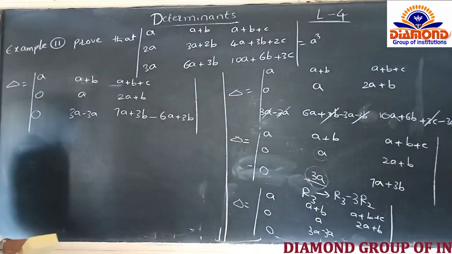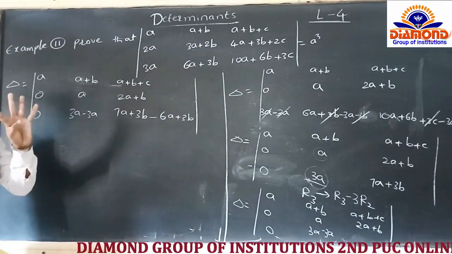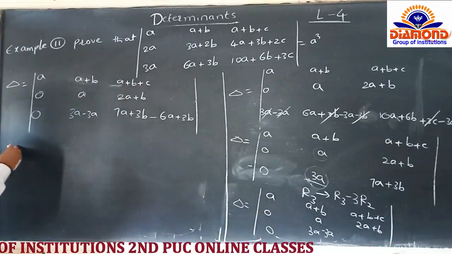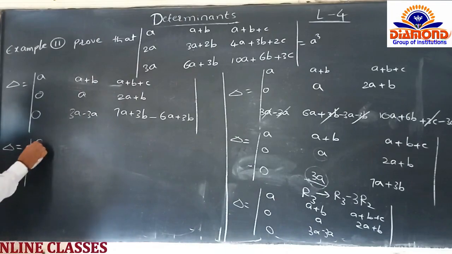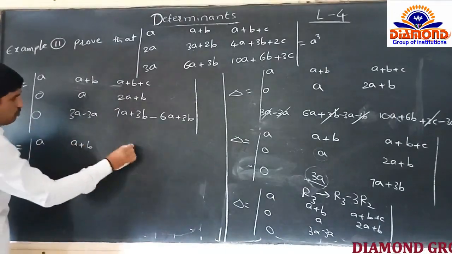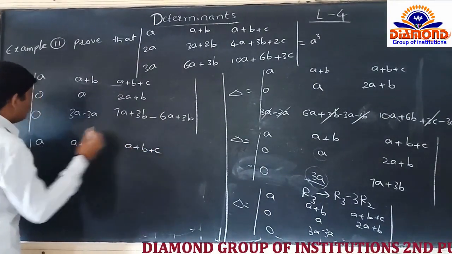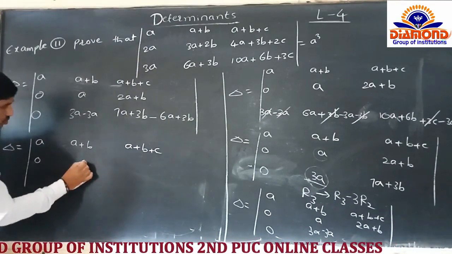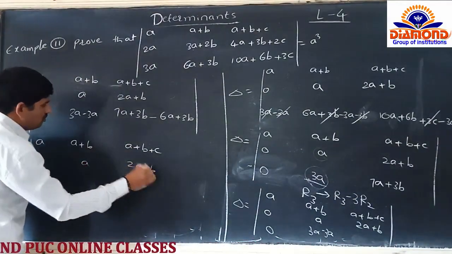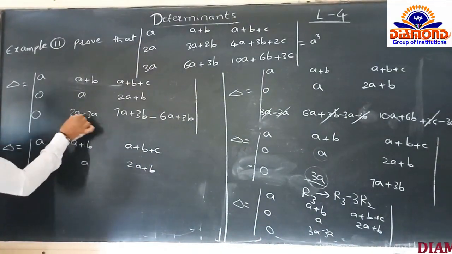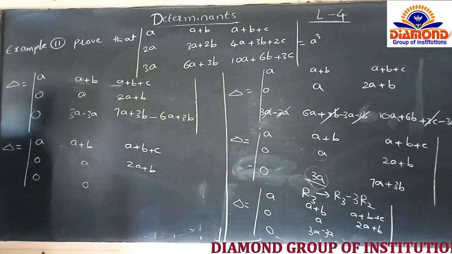Are you able to understand? Actually this is very important for 4 marks, remember that. So now, delta is equal to a, first row is as usual, no changes in the first row, and 0, second row is also as usual, sir. And 0 again. So 3a minus 3a we got here 0.